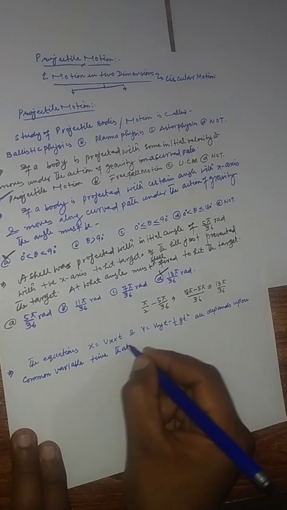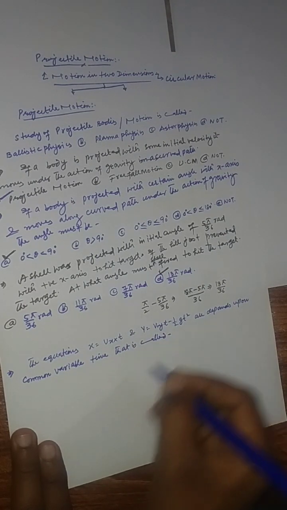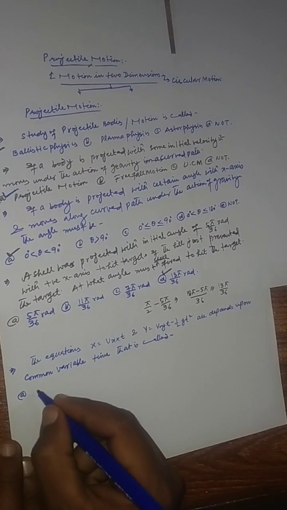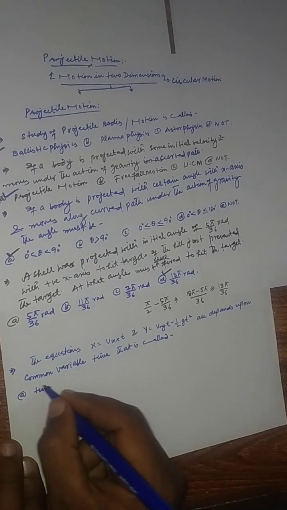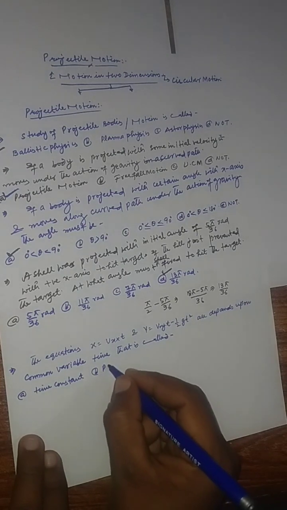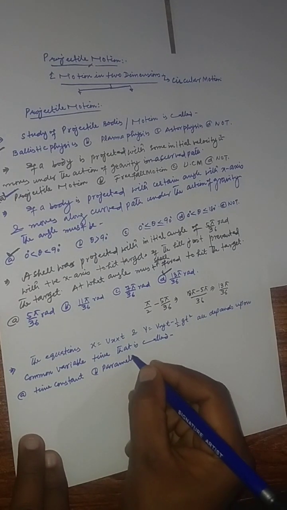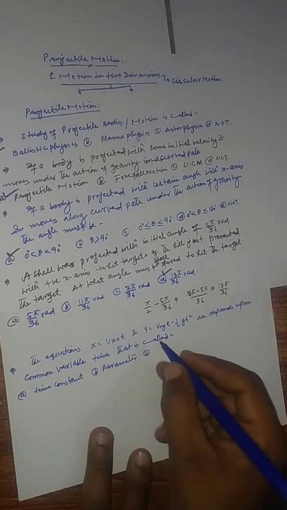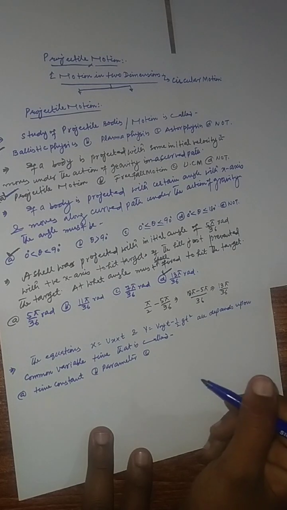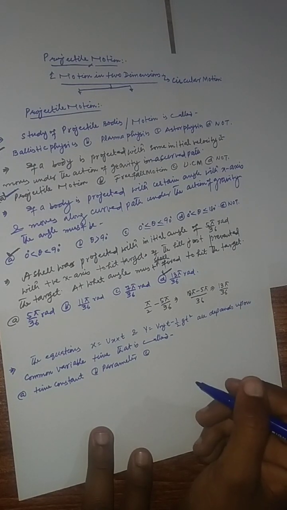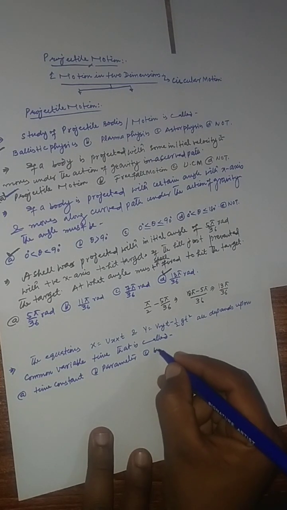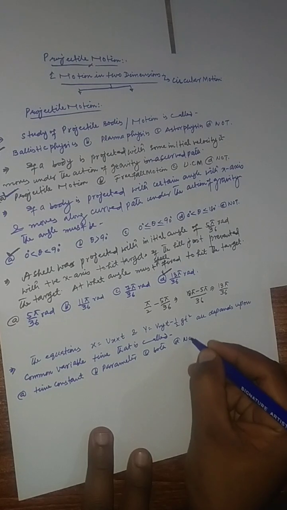What will we call that time? Let's say time is a time constant, or a parameter, or both, or D, none of these.